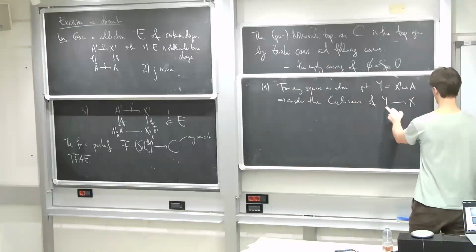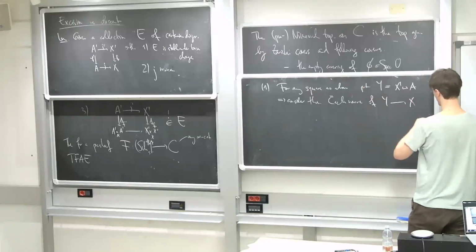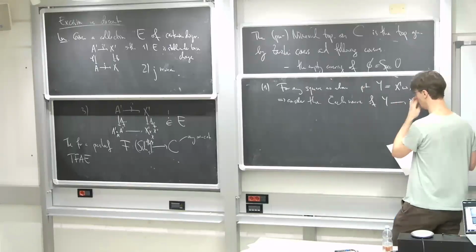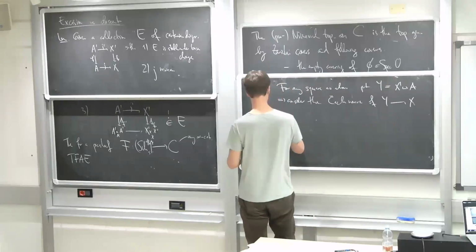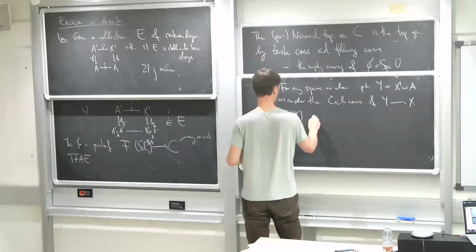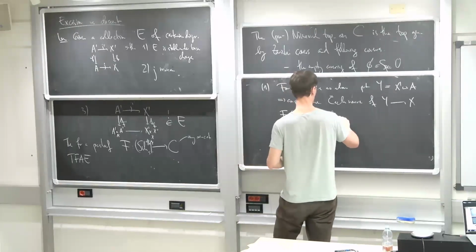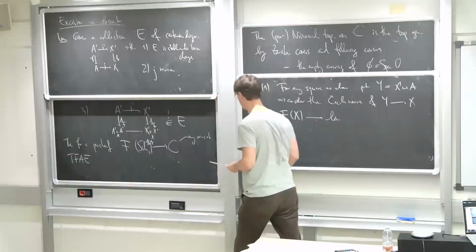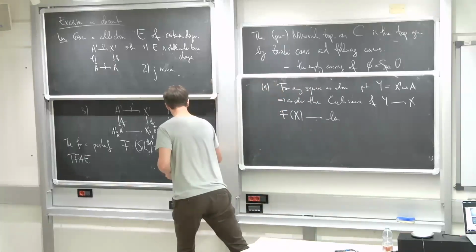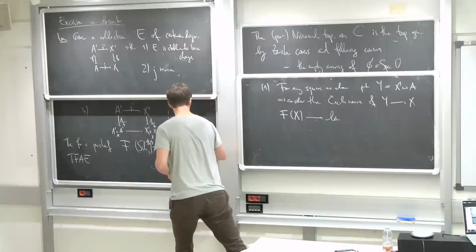So this starts with Y, then it takes Y times Y over X, and so on. And then we can look at F of X, which maps to the limit in that infinity category C here, which is supposed to be an equivalence.